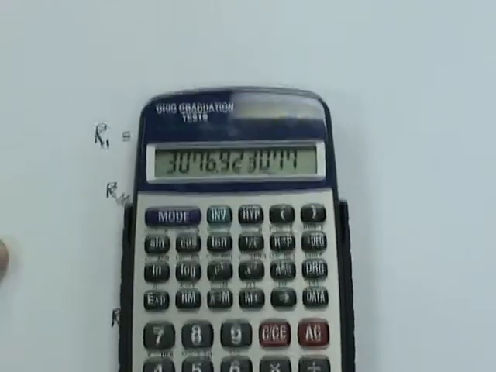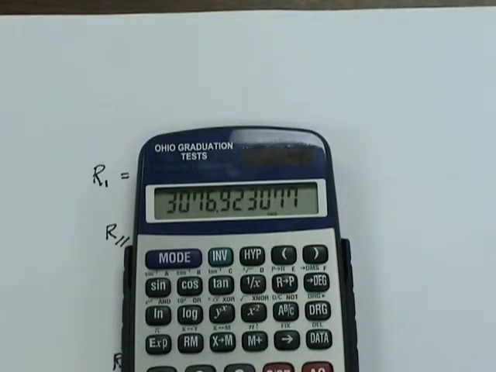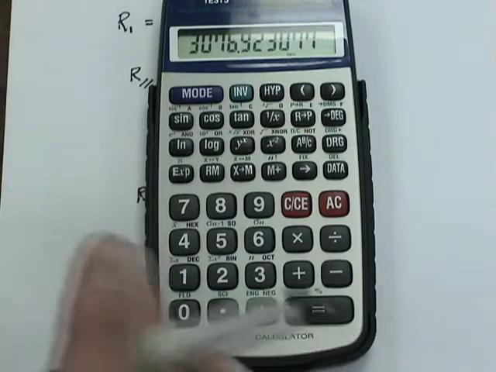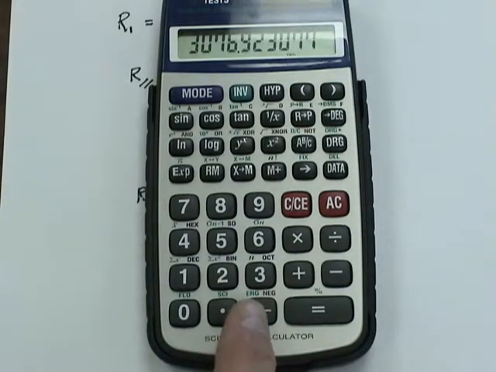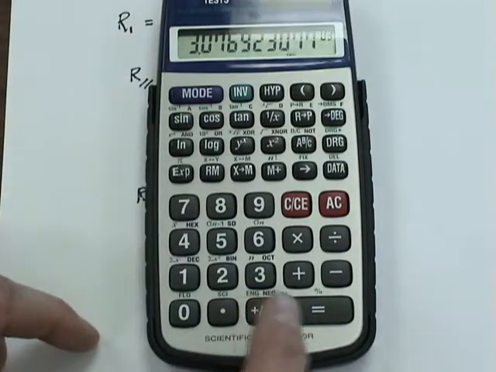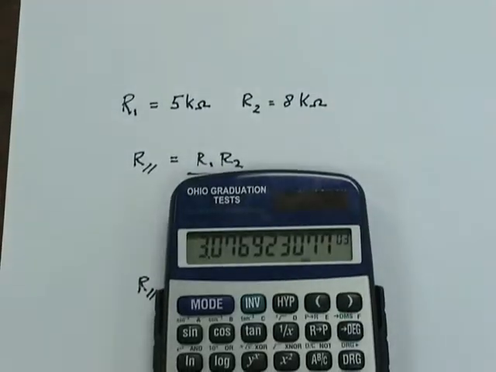Now notice that answer is 3076.92. We certainly don't want all that information. Generally, in this class, we've been keeping our answers to 3 significant numbers, and we have to convert the numbers back to engineering notation. This particular calculator even has an ENG button, so it looks like you use the invert and then the ENG button, and it automatically converted it over.